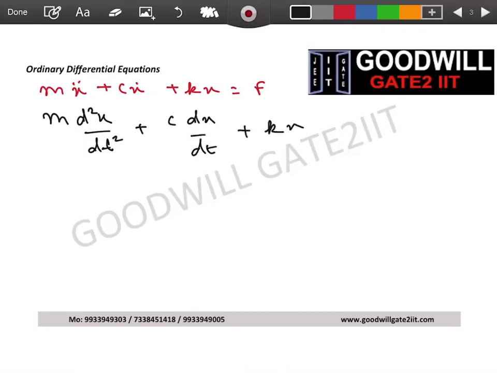This is some equation where your x is the dependent variable and t is the independent variable. This generally means that x is a function of t, right?